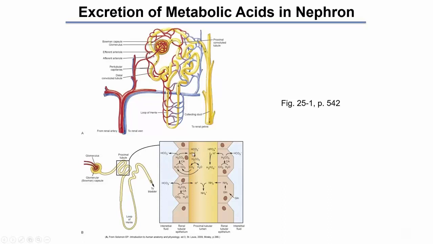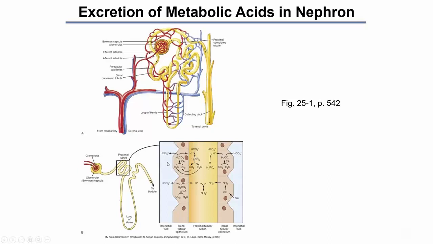So take the bicarbonate, as long as the acid is present, convert it to carbonic acid, and carbonic acid will dissociate to CO2. We reabsorb the CO2 into the cells of the proximal convoluted tubule, and then we use carbonic anhydrase to convert it to carbonic acid, and then dissociate the carbonic acid into the acid and the bicarbonate. The bicarbonate we reabsorb, the acid we secrete into the lumen to react with the bicarbonate that was filtered.